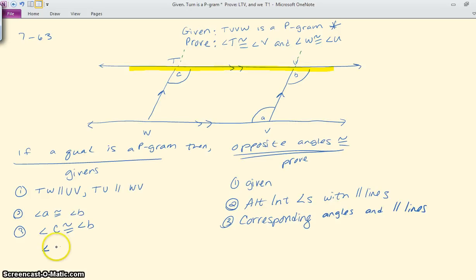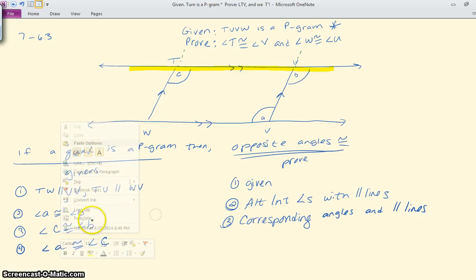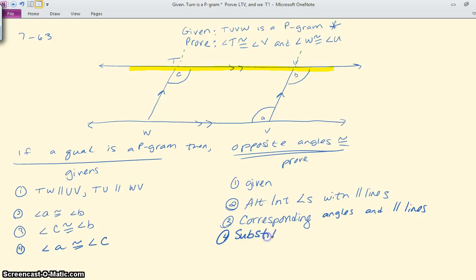We can say angle A is congruent to angle C, that is. And that's because if B is equal to C, C can be substituted as B here. So this is simply a substitution step.